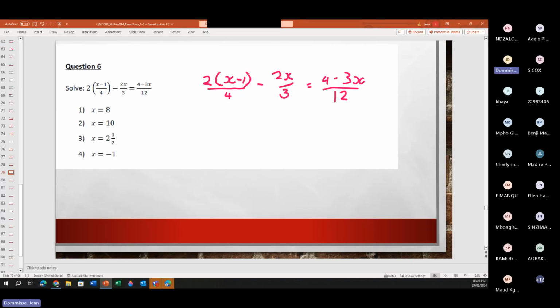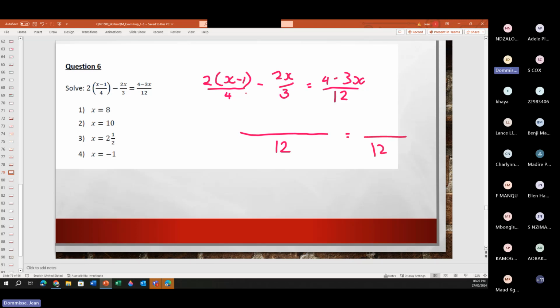Okay, so we could have said, let's simplify, but because we're working with a 4 and a 3, 4 times 3 gives us 12. So I would just automatically first go and say, okay, let's put everything on 12, because then we are working with an easier number.